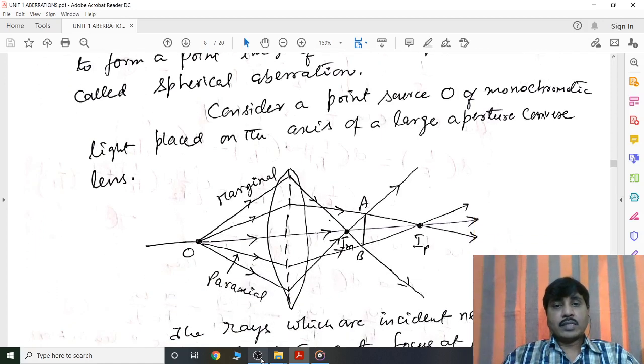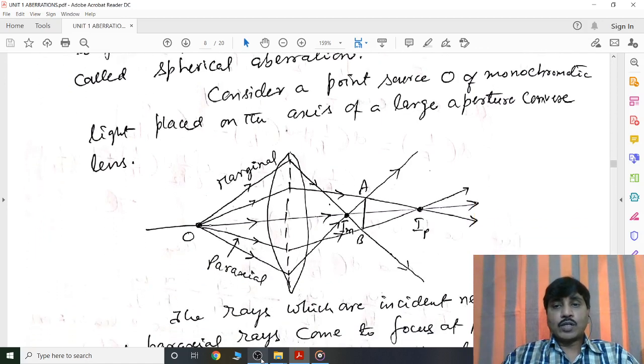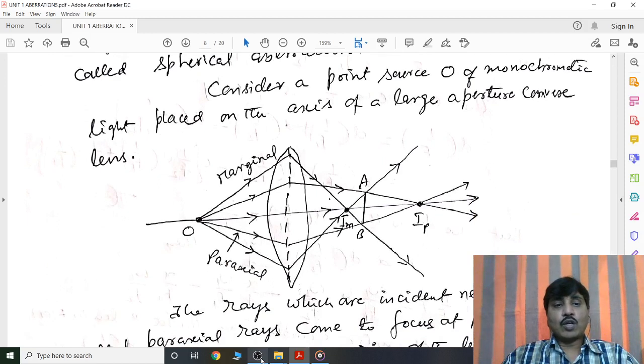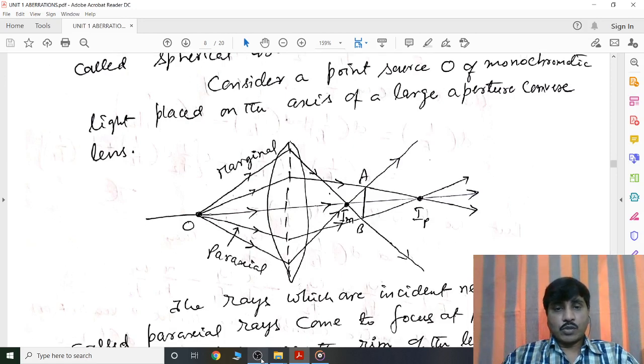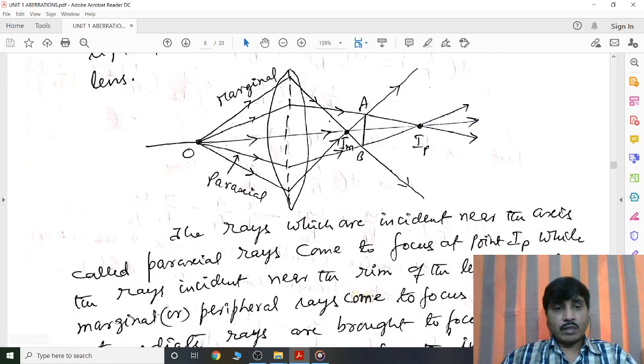This can be explained as: consider a point source O of monochromatic light placed on the axis of a large aperture convex lens, as shown in the figure. In the figure, O is the point object placed on the axis. This is a large aperture convex lens.